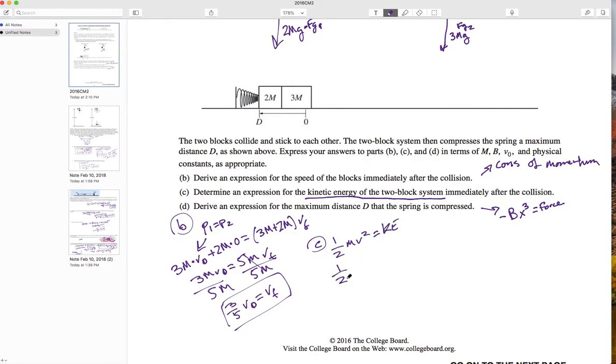Well, we get 1/2 of the combined mass, 5m, times 3/5 V0 squared, and we'll get 5/2 m times 9/25 V0 squared, and this would be 45/50 mV0 squared, which is 9/10 mV0 squared.